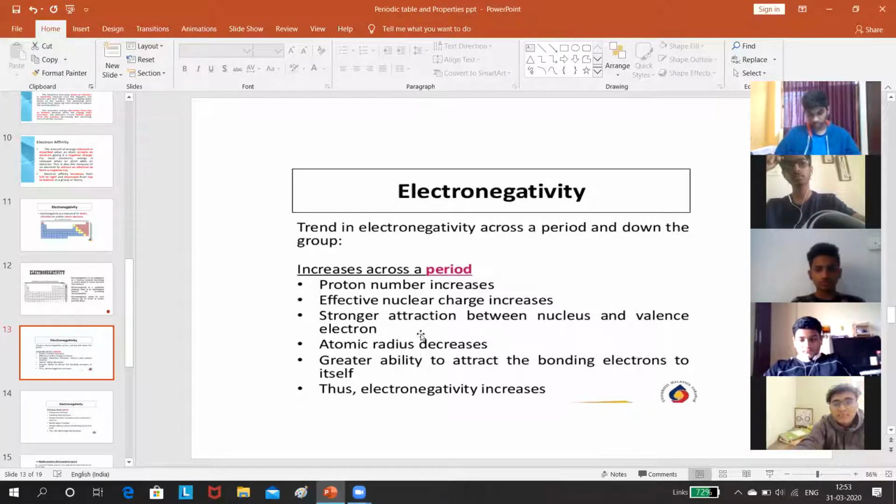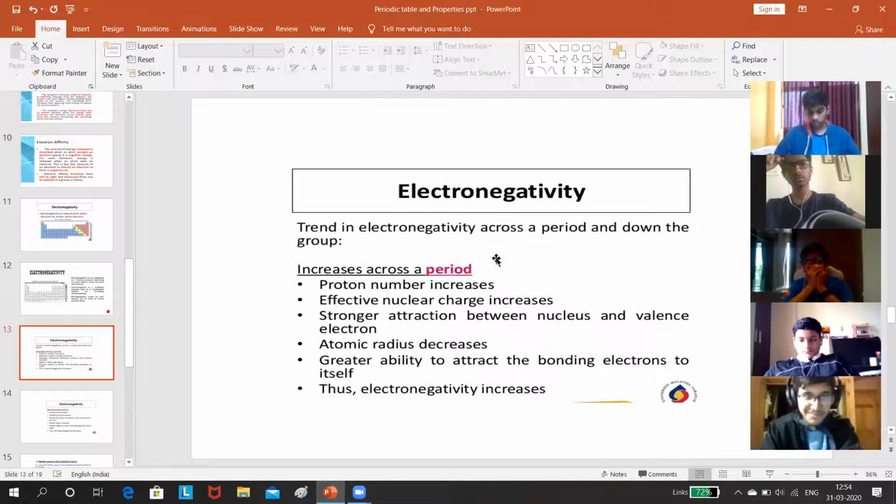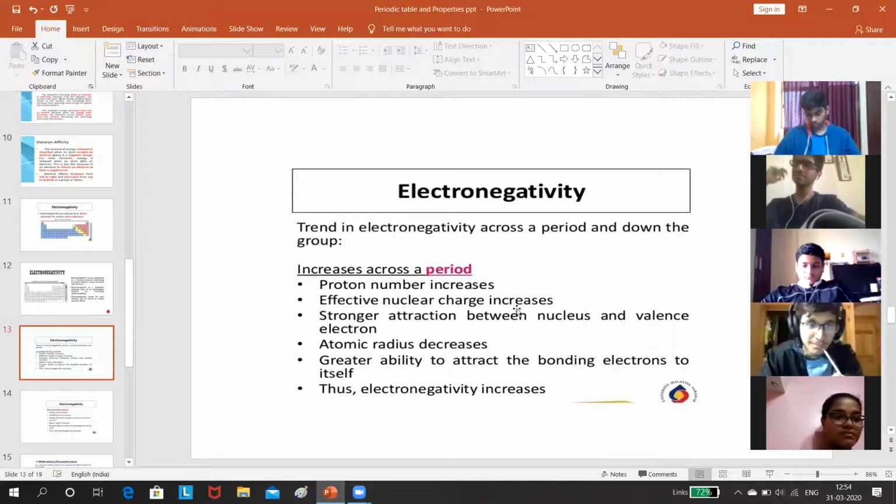Across a period, the number of protons is increasing. As the number of protons increases, the nuclear charge is also increasing. Nuclear charge means nothing but the attraction of the nucleus on the valence electron.